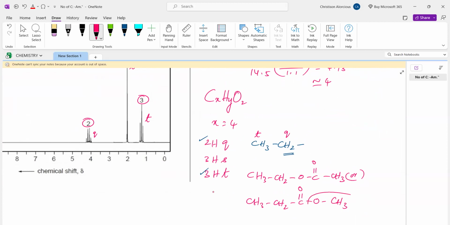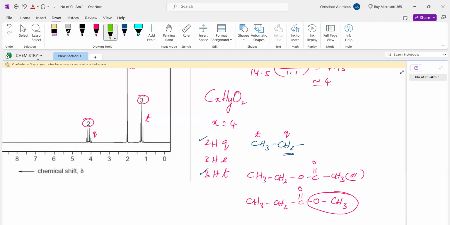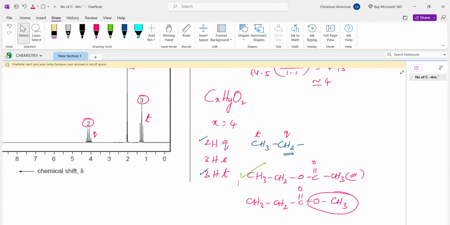While this one, I expect to be more downfield, because it's connected to an electronegative oxygen atom. As a result, you expect its electrons to be pulled away, so it's more de-shielded and more downfield. So you can just check with your values. If I have to stick my neck out without going through the values, I would say it is this compound and not this one. I hope that helps.